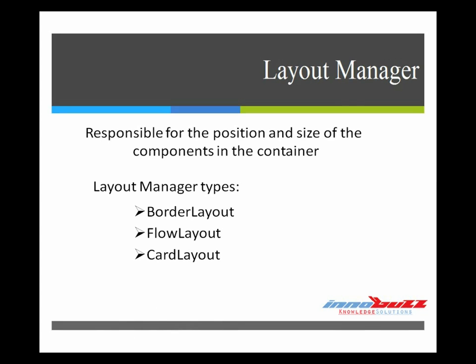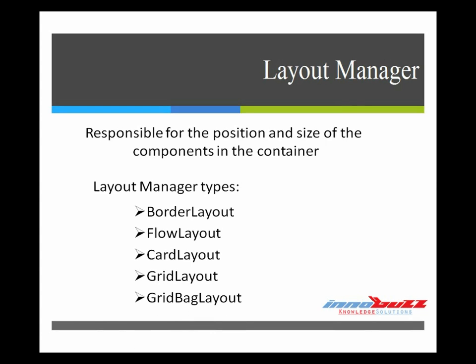The third is the card layout. This treats the components as cards, and only one card can be visible at a time. The fourth is the grid layout. This arranges the components into a grid of rows and columns. We can set the number of rows and columns.